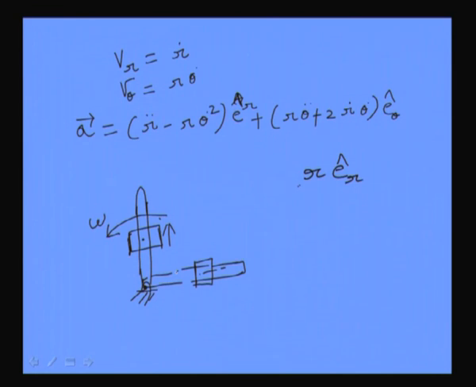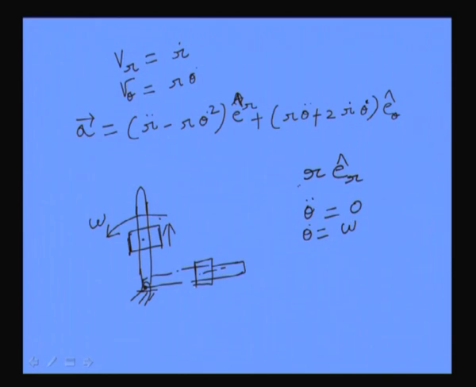Now if it is assumed that the link is rotating with a uniform angular velocity, then theta double dot will be 0, theta dot will be omega.